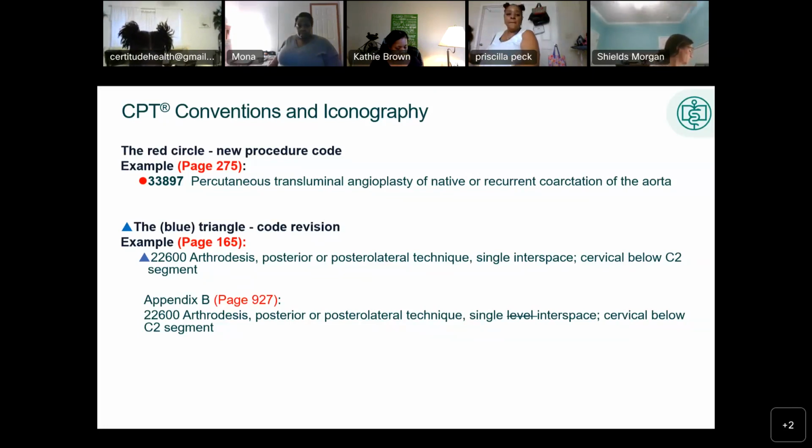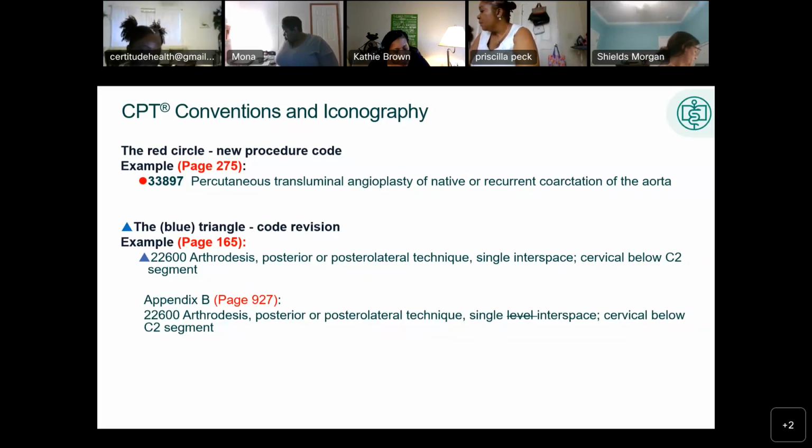So that you can see the blue triangle, the red circle, the 2 triangles pointing at each other all mean something. The blue triangle means that you have a revised code, that the code was changed in some shape, form, or fashion. And we can look to see what the revision was, but we just need to know that it was changed.